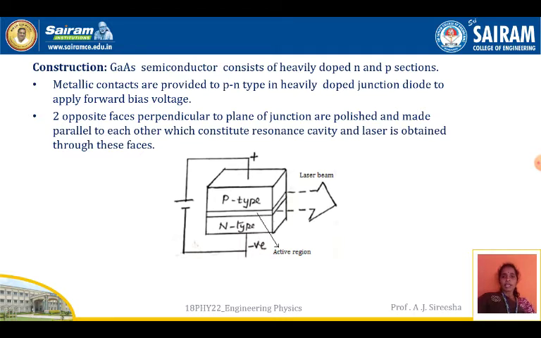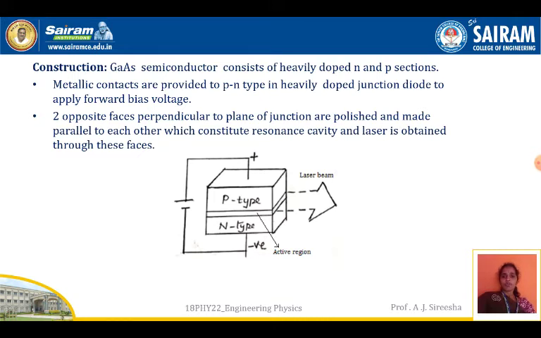Now here in this semiconductor laser, forward bias causes the pumping mechanism, due to which the depletion region is decreased, and the active region, you can see in the figure, the junction, is nothing but an active region. The opposite faces perpendicular to the plane of the junction are polished and made parallel to each other, which constitute a resonant cavity, and the laser is obtained through the faces.